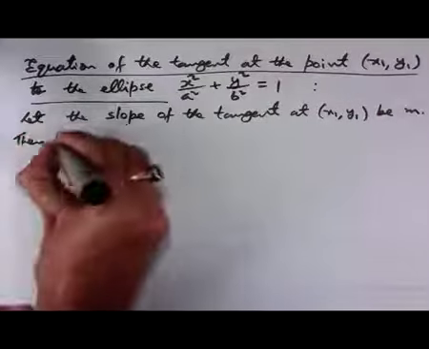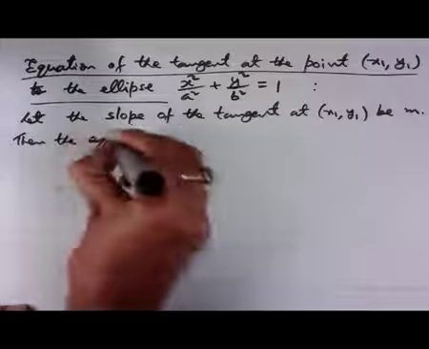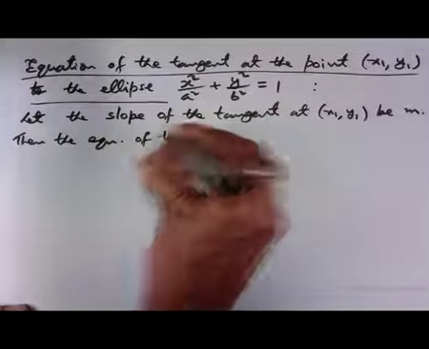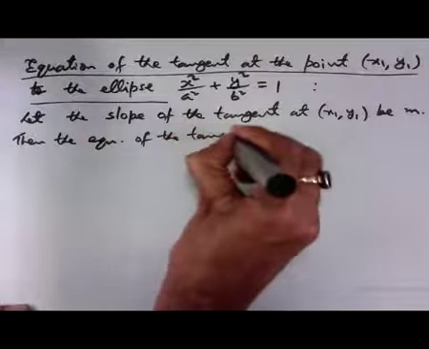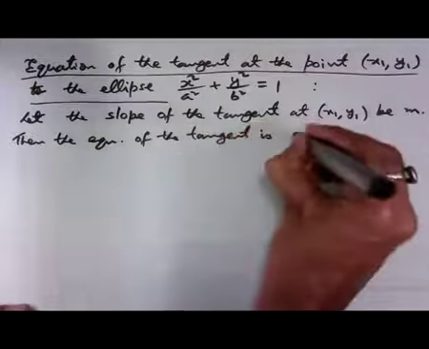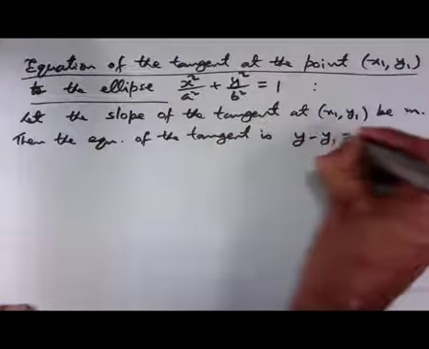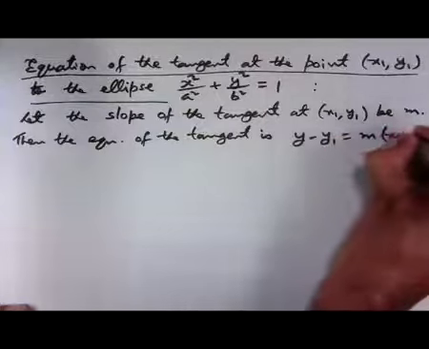then the equation of the line is y minus y1 equal to m times (x minus x1).